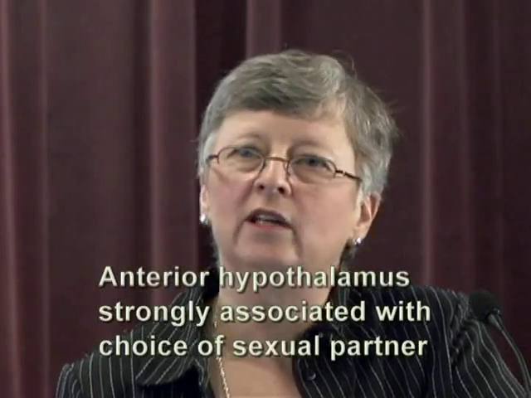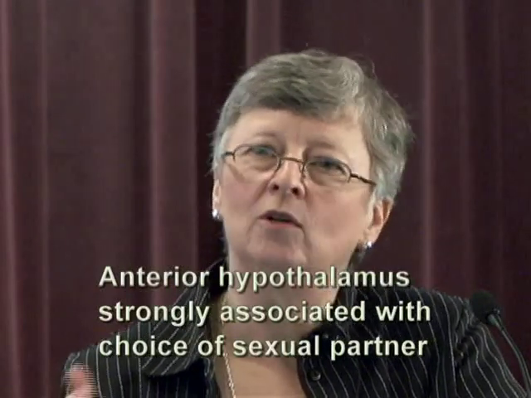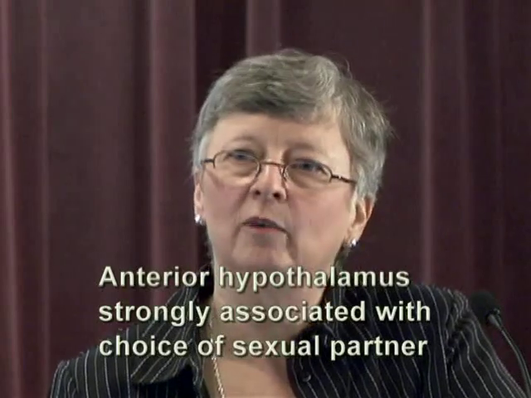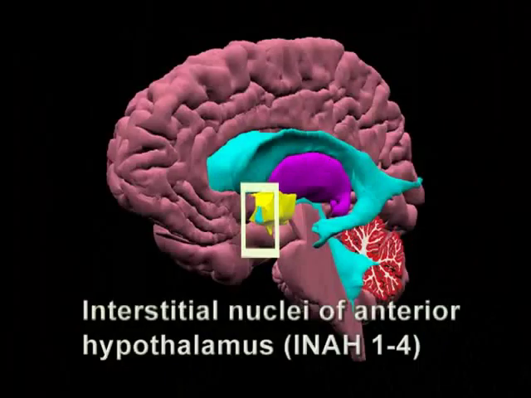We can actually go in and destroy that part in an animal and see the difference in their behavior. There's even a smaller part of that anterior hypothalamus that's called the interstitial nuclei of the anterior hypothalamus, and there are actually 4 areas of that.